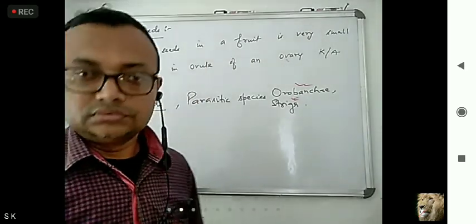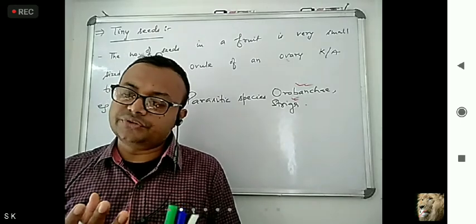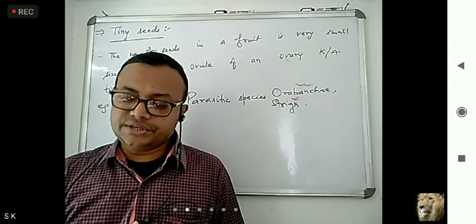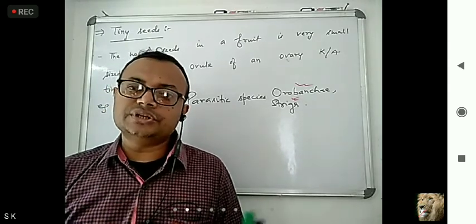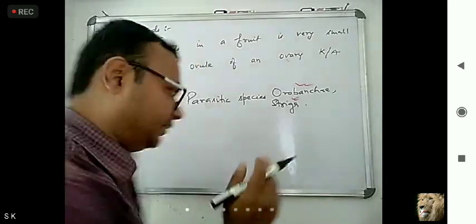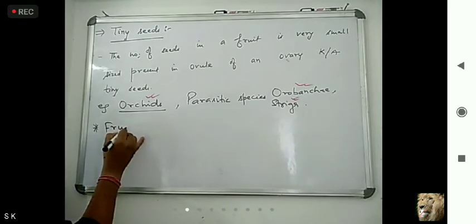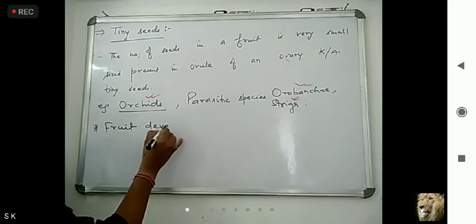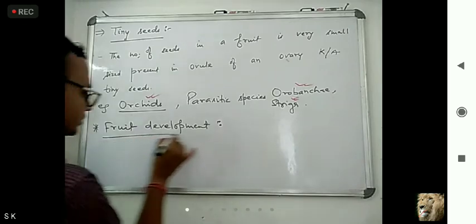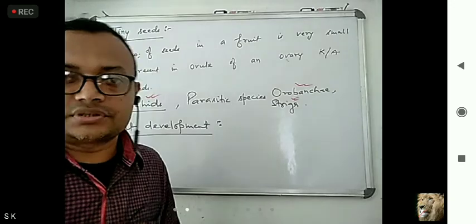Okay. Now, first we discussed endosperm development, then embryo development, then seed formation. Now we have to see last, that is fruit development. The ripened ovule becomes seed.